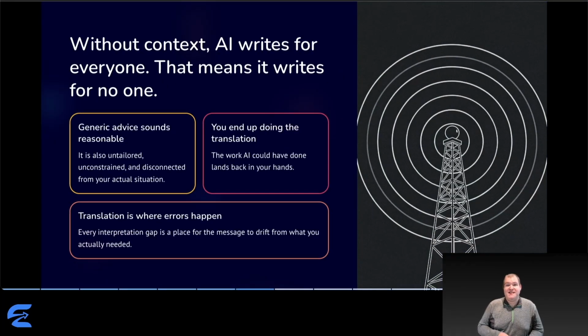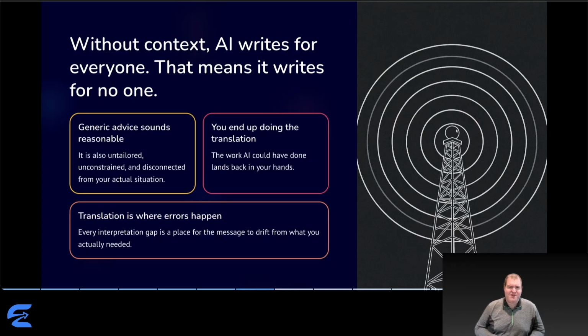Generic output is the easy one to miss because it isn't bad output. It's organized, professional, and the kind of thing you could send. The problem is that it's also untailored and disconnected from your actual situation, which means you end up doing the translation yourself, taking the general output and adapting it to your specific circumstances.